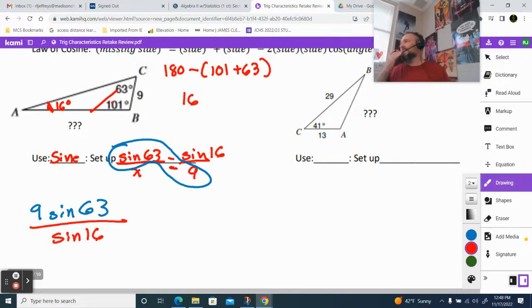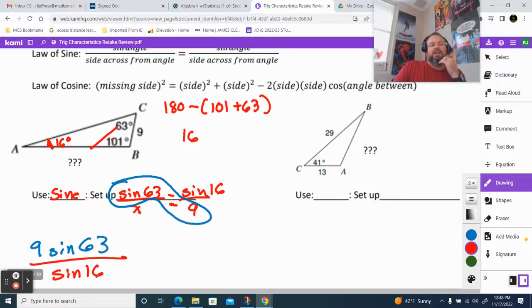I would put it in the calculator like that and get my answer. Just like that.